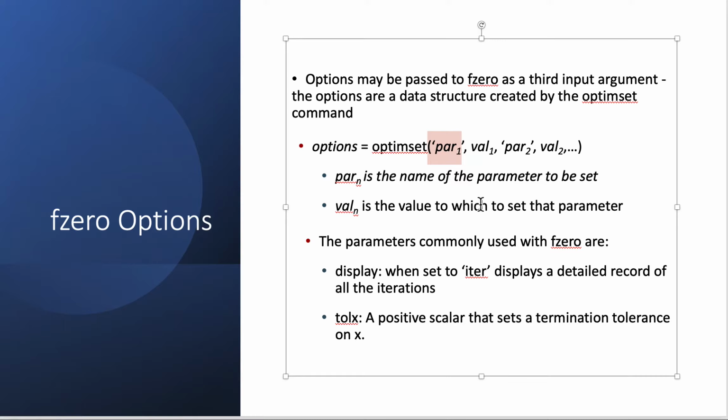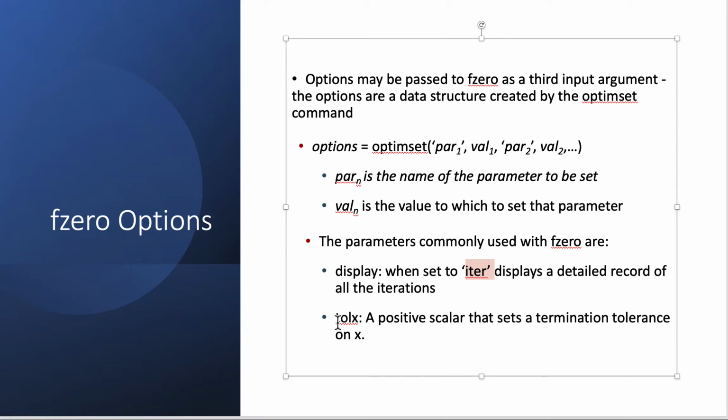I encourage you to look at the fzero and the optimset documentations of MATLAB to do this. Because, for example, some of the parameters that you can pass are the display. When this display is set to iterations, it will display all the iterations. These algorithms that we're describing are iterative algorithms, so for each iteration you have a new estimate, so it will display all of them.